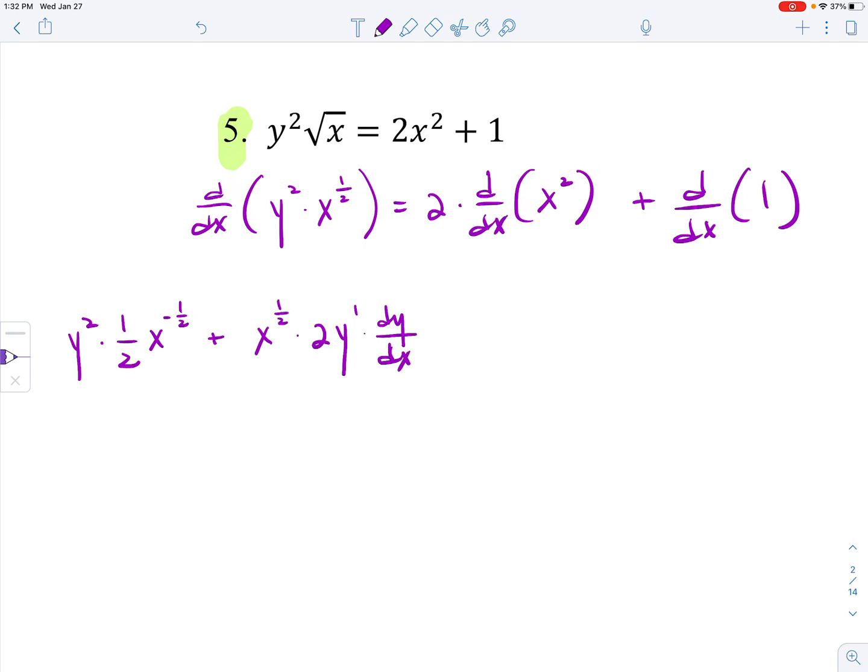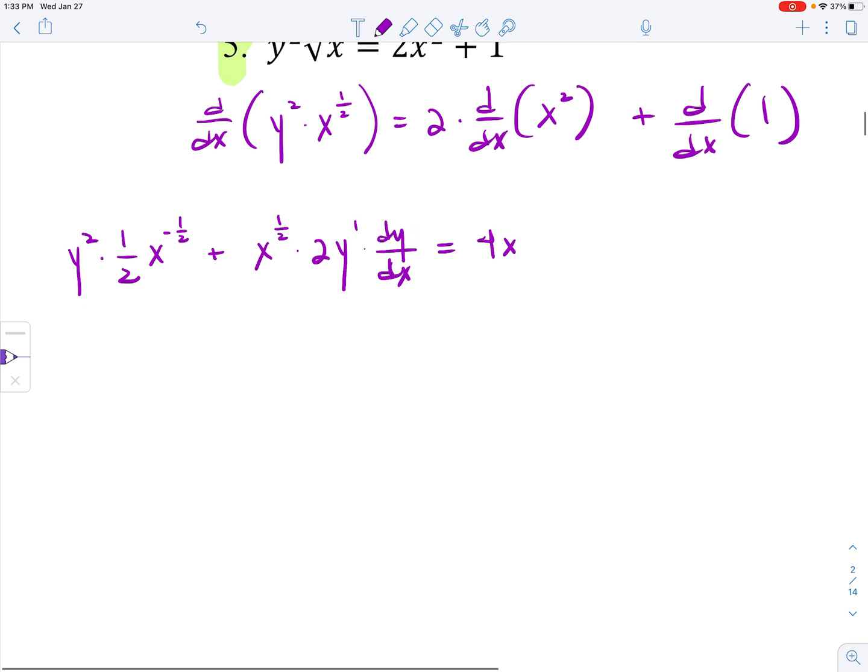So thinking chain rule, that would be 2y to the first power, then times the derivative of y with respect to x, which is dy over dx. Okay, on the right-hand side, derivative of x squared, and then times 2 would be 4x, and the derivative of 1 is 0.